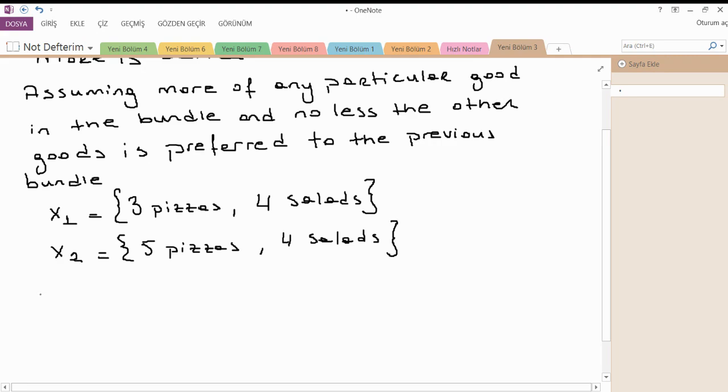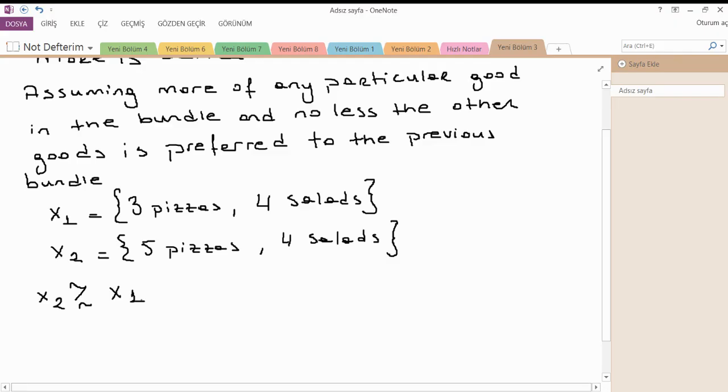Of course, there are some situations, there are some individuals who will not prefer X2 over X1, but this assumption says it's going to be like this. So in this case, X2 is going to be preferred to X1, okay?